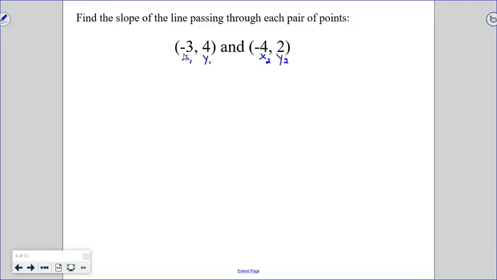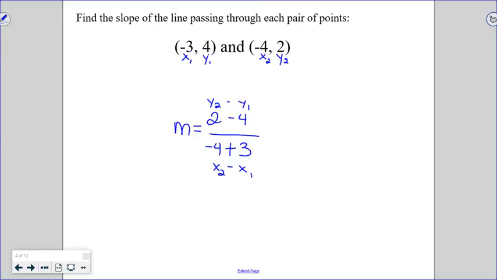So then when we do our formula that says do y2 minus y1, I take my y values. 2 minus 4, y2 minus y1. And then it says do x2 minus x1. Make sure you're consistent. If I started with this y value, I have to start with this x value. Negative 4 minus negative 3. Minus a negative becomes a plus, right?